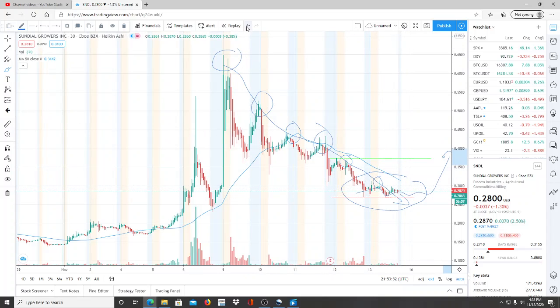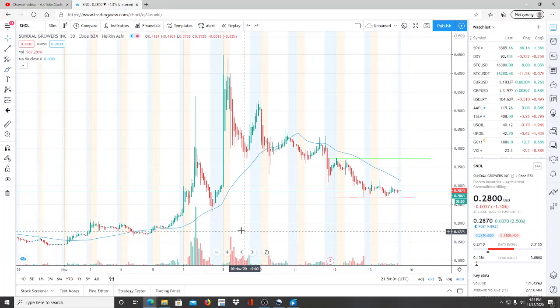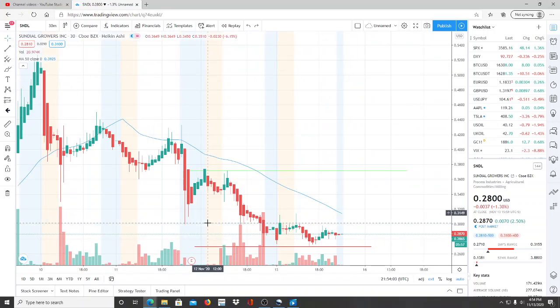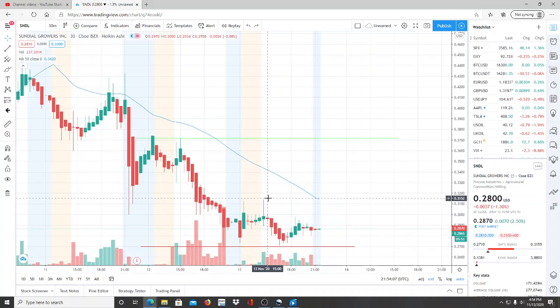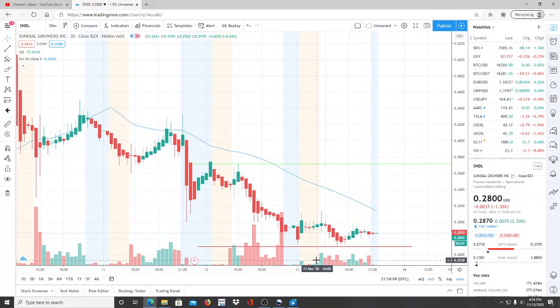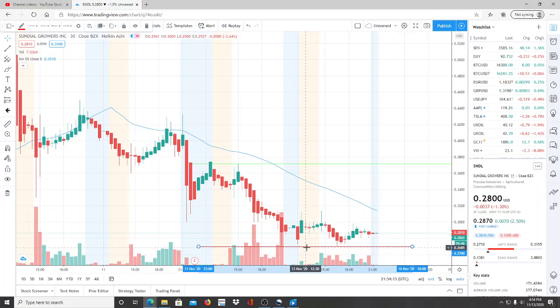Excuse me for my terrible drawing, but I just wanted to visually show you so you can get an idea of what this chart's showing us. And we're going to look at what our new points of reference are. Support has not really changed much. It probably changed a few cents, and we're going to look at that in just a second. I want you to keep in mind 27 cents.